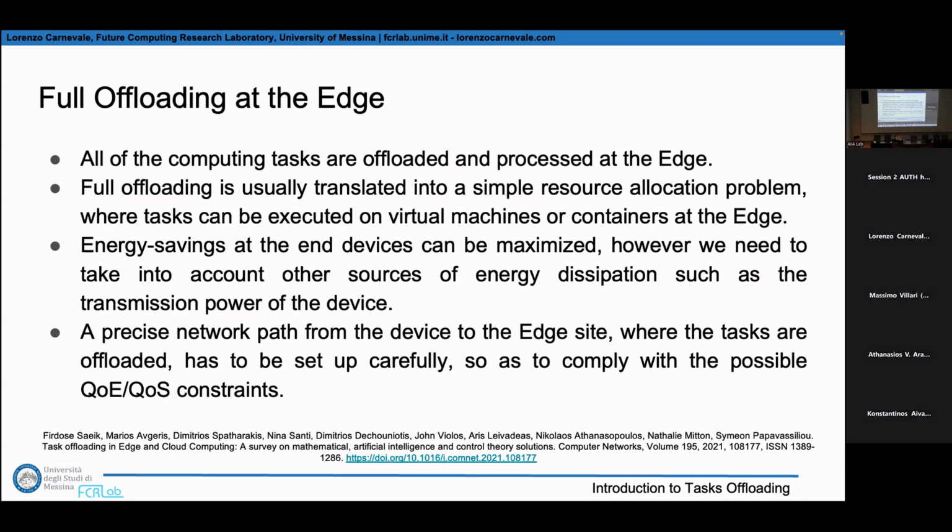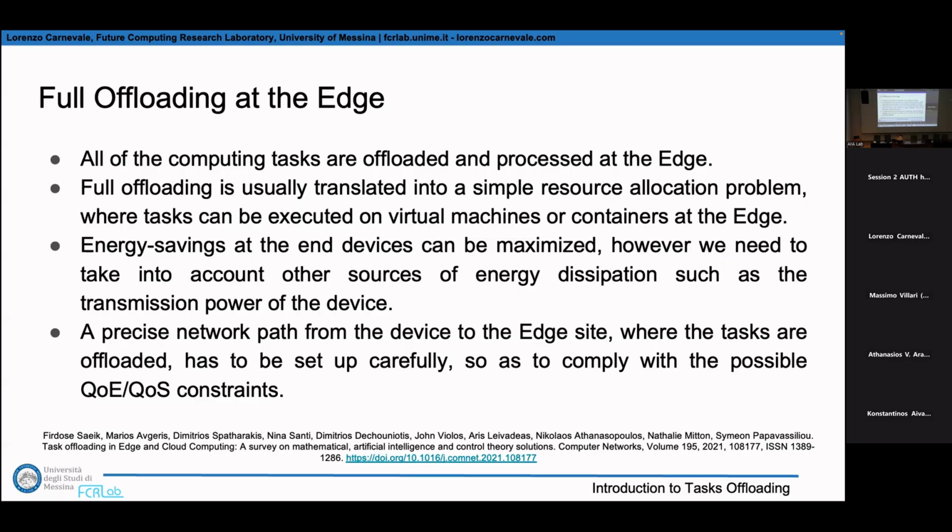And this becomes a typical resource allocation problem, because we have an entire task that we try to move within a small data center like the edge. And so we just have to understand which virtual machine or container, or anyway which typical edge platform, has available resources in order to run the target task.